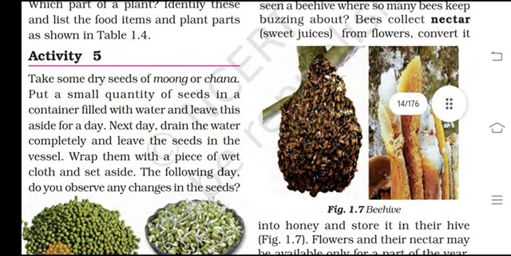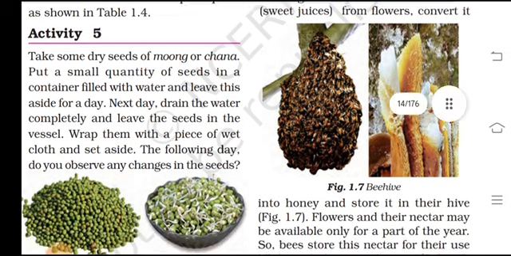Activity 5. Take some dry seeds of the mung and the chana and put a small quantity of seeds in a container filled with water and leave it aside for the day and the next day.